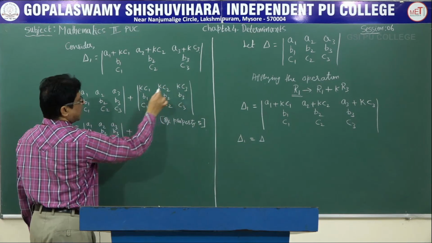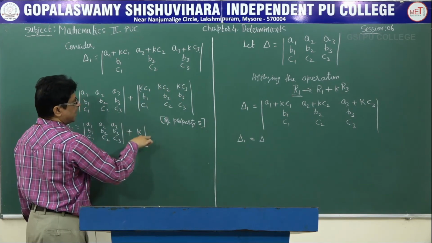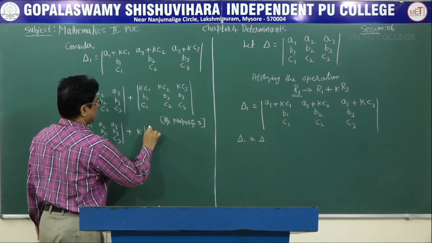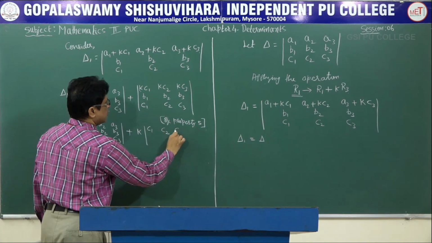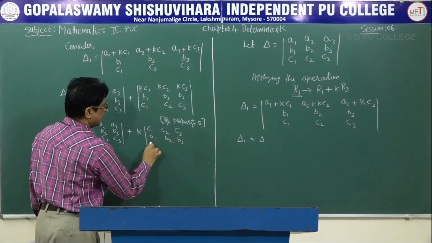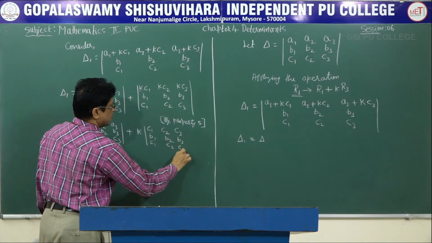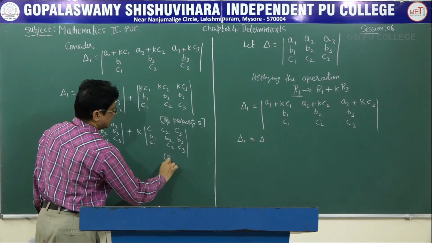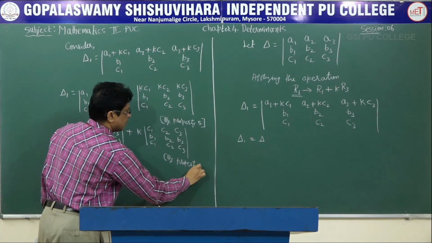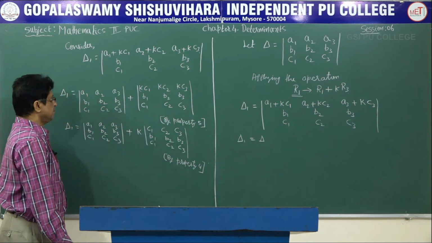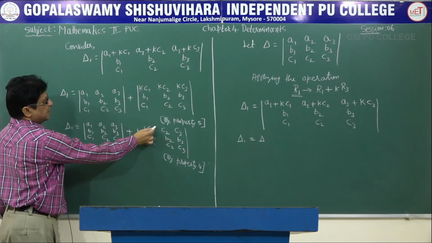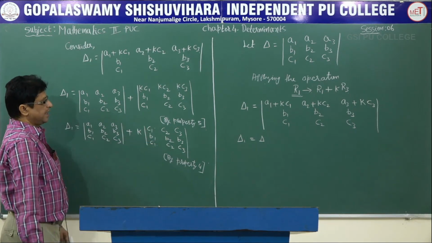That means if a row is multiplied by a constant, then the whole determinant is multiplied by the same constant, that is by property 4. Now if you observe the second determinant, row 1 and row 3 are equal.